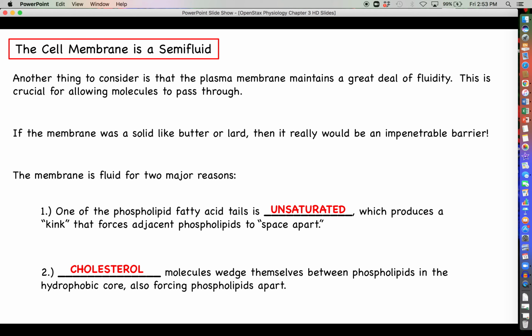Now, cholesterol gets a bad rap, and we'll talk about this again when we talk about steroid hormones in a couple of chapters. Everyone just assumes it's bad, but you absolutely have to have cholesterol. It is absolutely essential for many physiological processes. Every cell in your body has to have cholesterol in its cell membrane, or things are going to go really bad.